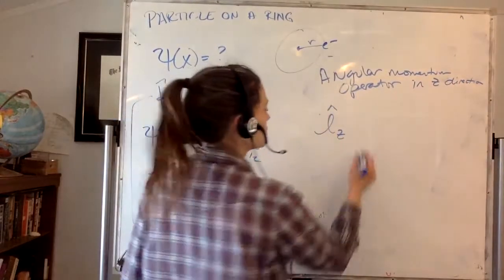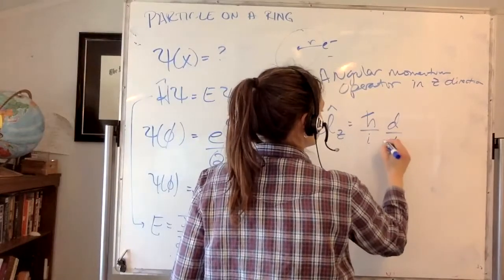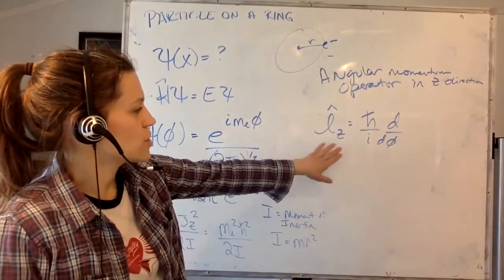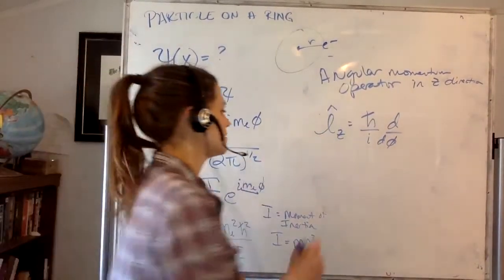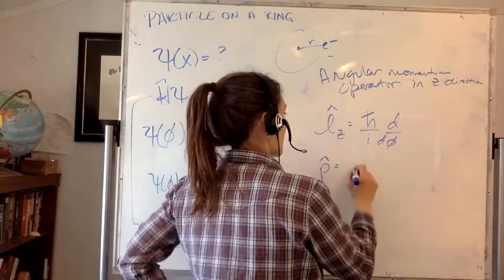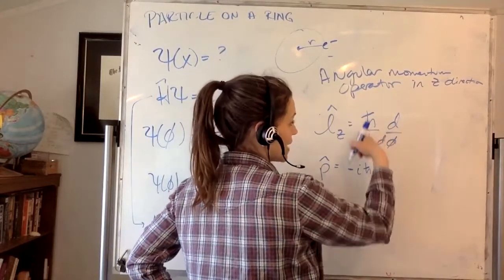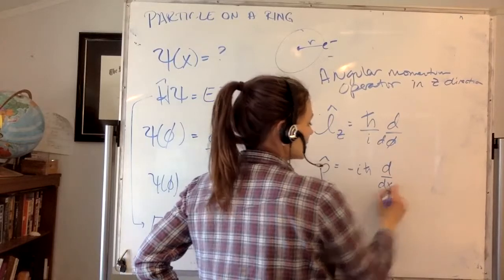That is equal to h bar over i d d phi. And so much like the momentum operator, you have minus i h bar, which is the same thing as h bar over i d dx.